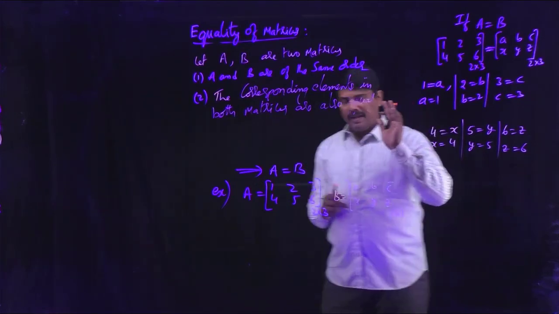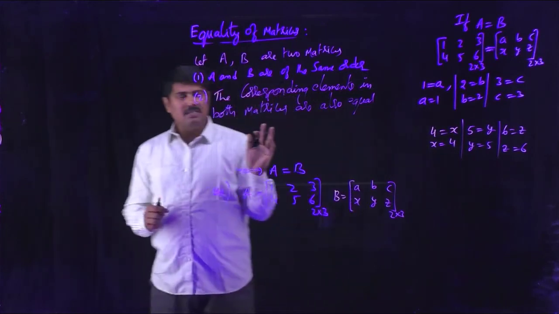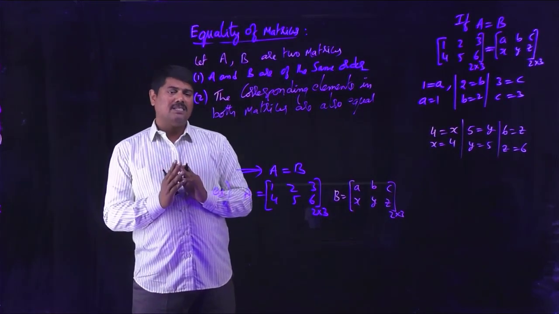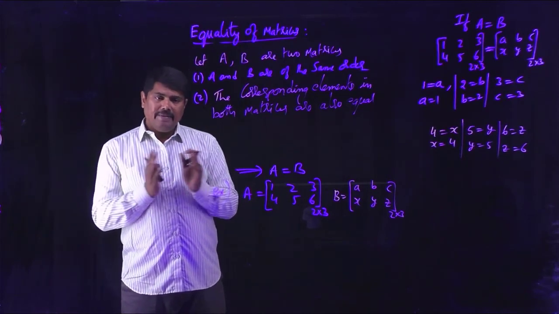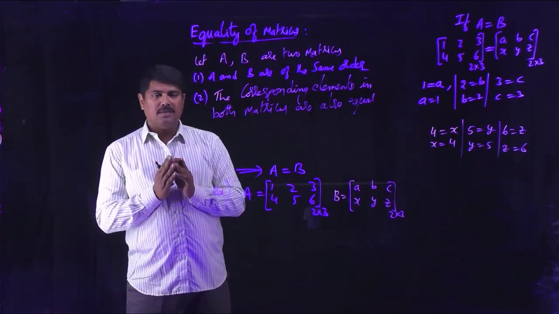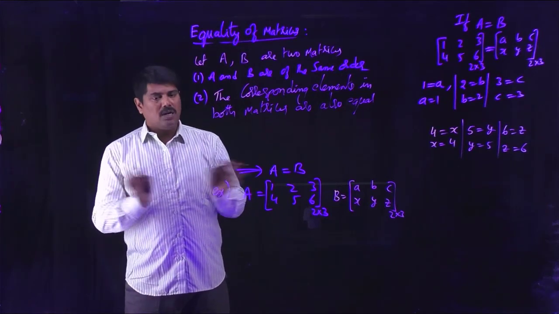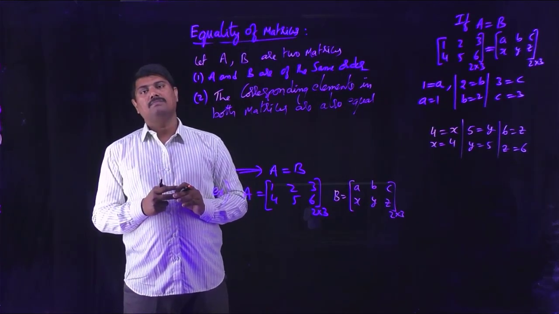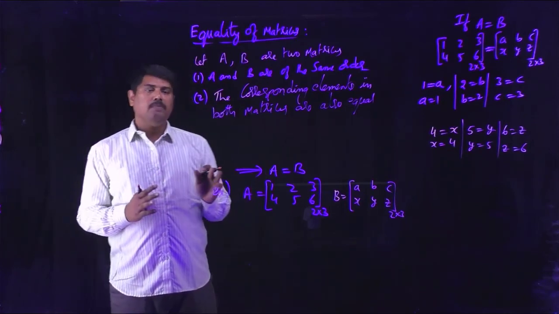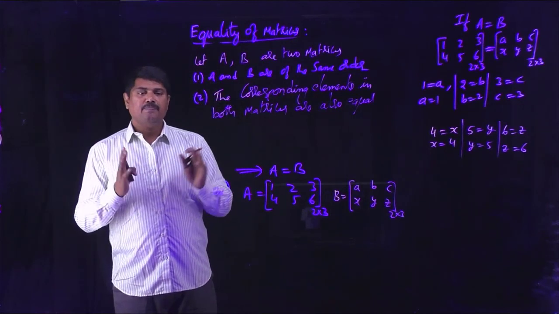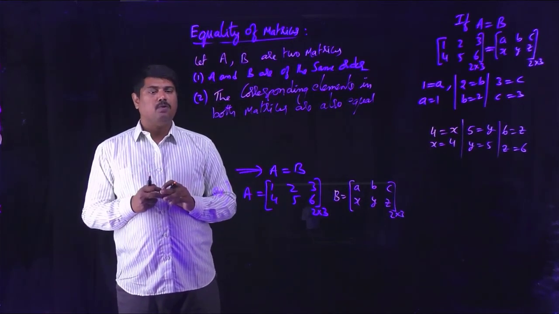For a 3 by 3 matrix which has 9 elements, if 8 corresponding elements in both are equal but one element is not equal, you can't say that both matrices are equal. The 9th element should also be equal in both matrices. Then only can you say two matrices are equivalent matrices.